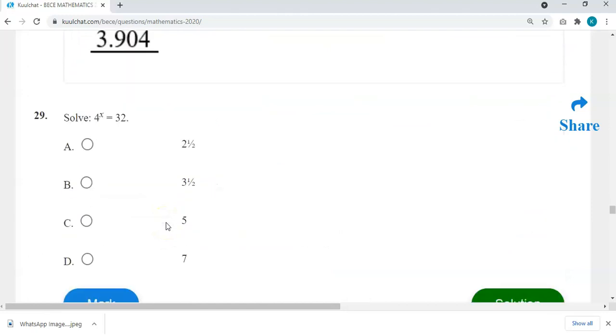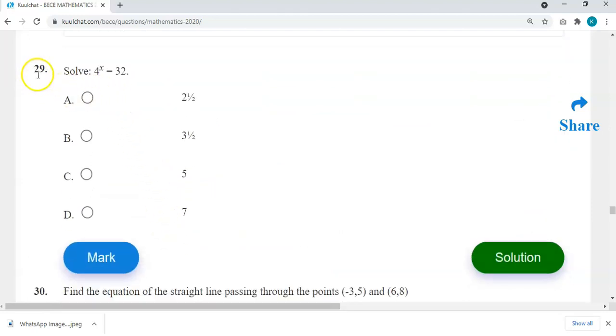Okay, so we move on. Question 29 says solve for x: 4 to the power x is equal to 32. When you are solving this kind of question, something to the power of something, make sure that they have the same base.